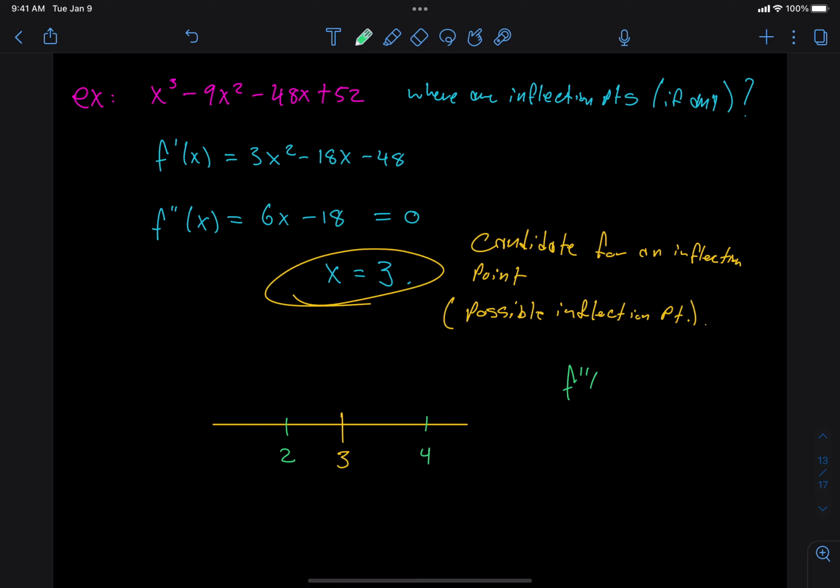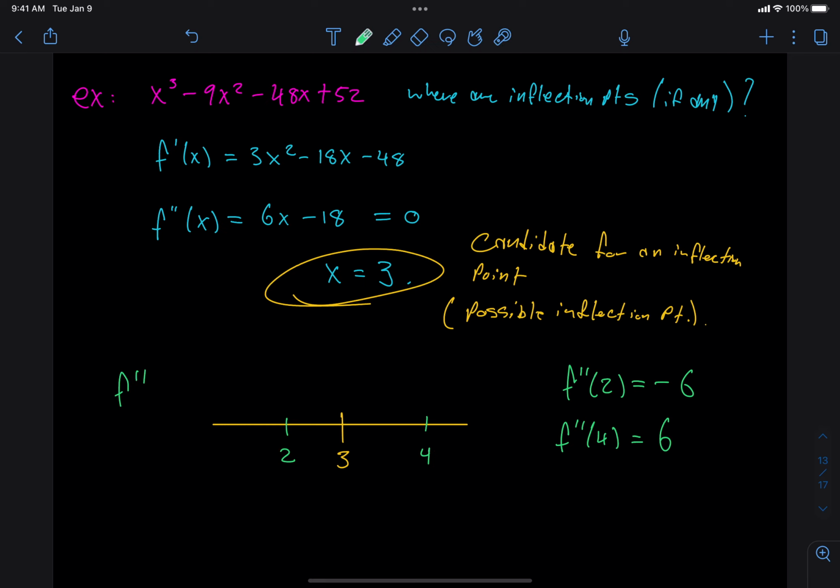So f double prime of 2 is, we put 2 in for x, we get 12 minus 18 is negative 6, right? And if I put in 4, then I get f double prime of 4 is equal to positive 6, right? So I'm just plugging 2 and 4 in for x in the second derivative, okay?